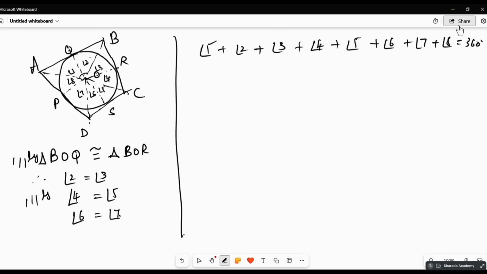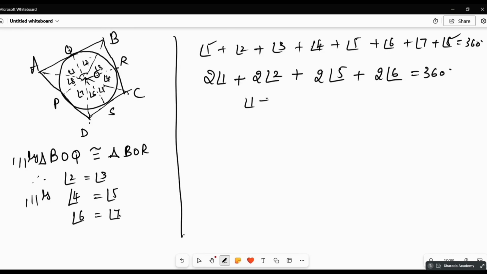Now angle 1 and 8 are equal, so I can write 2 times angle 1 plus, then 2 and 3 are equal, so 2 times angle 2 plus, now 4 and 5 are equal, so 2 times angle 5 plus 6 and 7 equal, 2 times angle 6 is equal to 360, or 1 plus 2 plus 5 plus 6 is equal to 180 degrees.